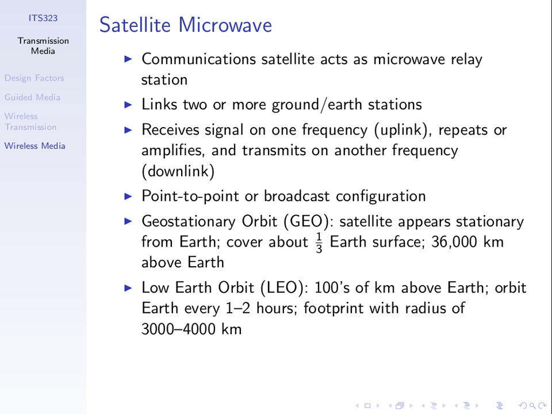Maybe 10, 15 years ago, there were plans to build constellations of LEO satellites. Because one only covers a small portion of the Earth, the footprint is much smaller, as it only covers this portion, then the idea is to put many satellites up such that they cover all of the Earth.